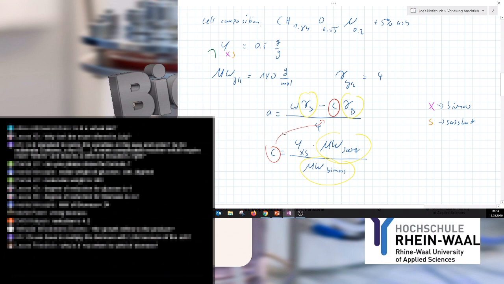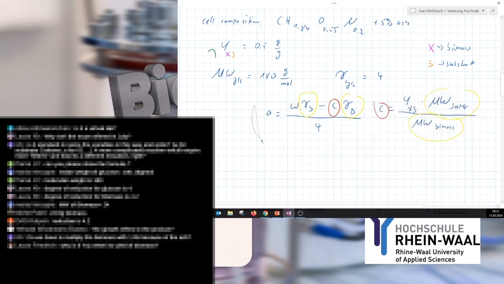So I do it now like this, that I just simply put this equation here, so that we have more space.